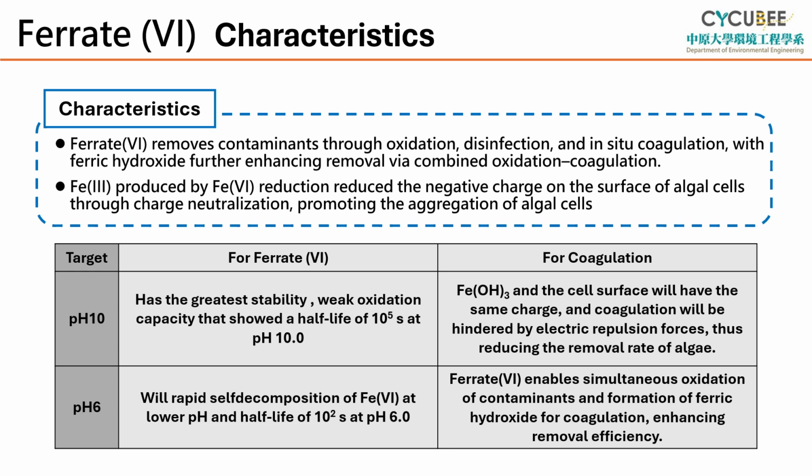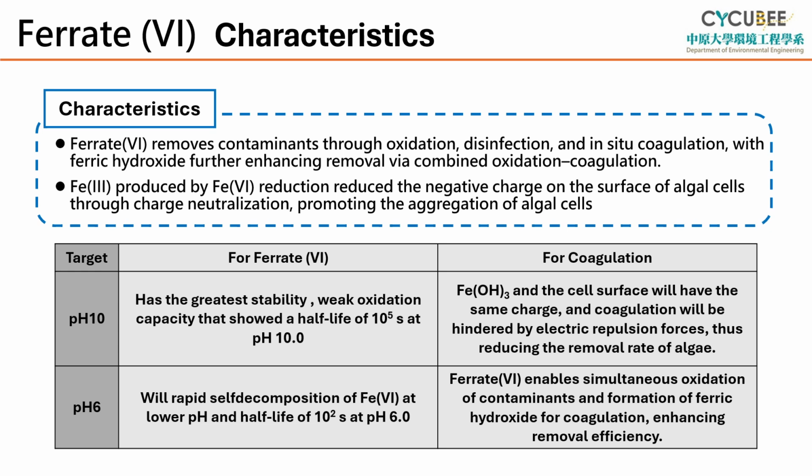It shows a half-life of 100,000 seconds at pH 10. But at pH 6, there is rapid decomposition of ferrate(VI) at lower pH, with a half-life of just 100 seconds at pH 6.